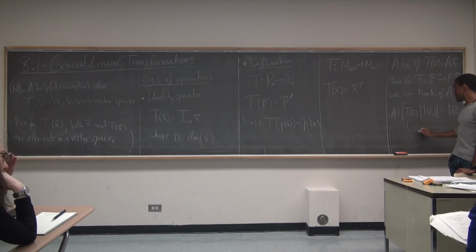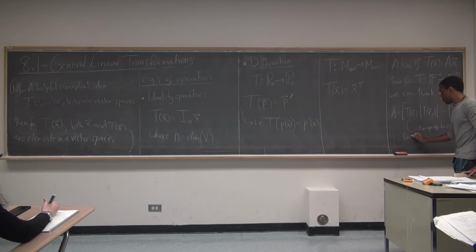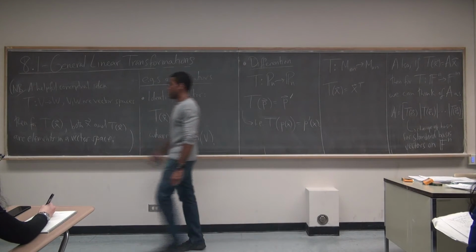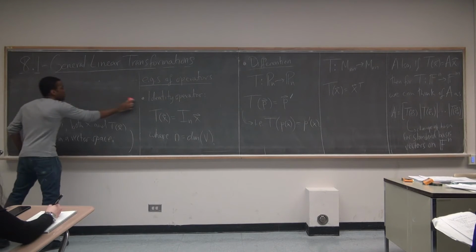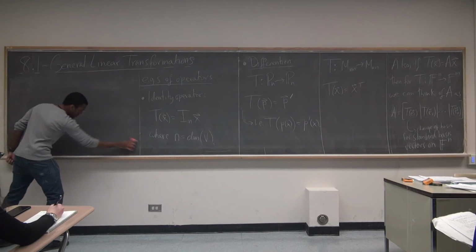Yeah, so you can think of this as a change of basis for the standard basis vectors on F. And this idea we can kind of use in general. So for example, when we were doing 4.9, we didn't really talk about it, but we should have tried the problems.